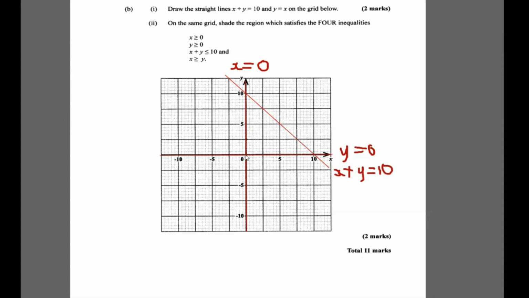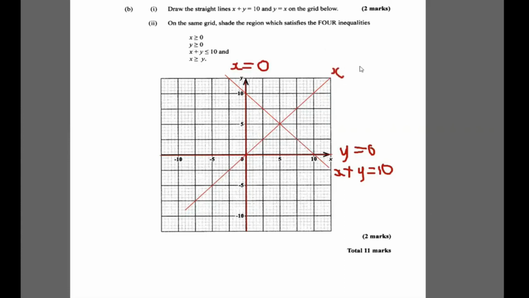The line x equal y is going to be looking like this. Just extending this line. All right, so this is the line x equal y.